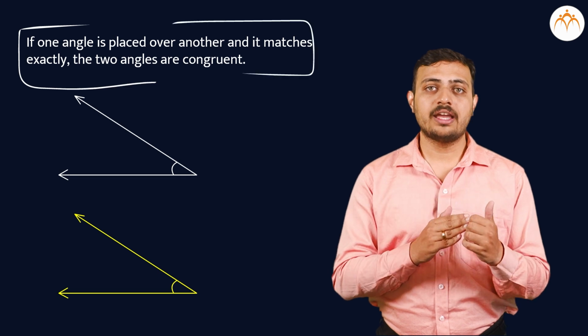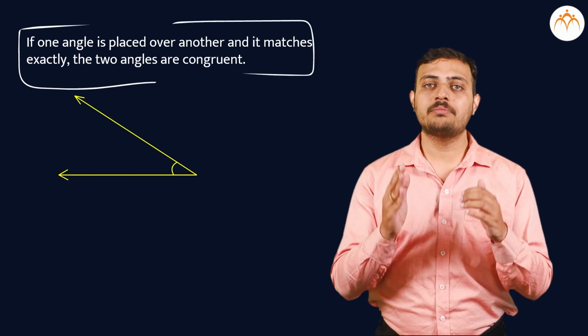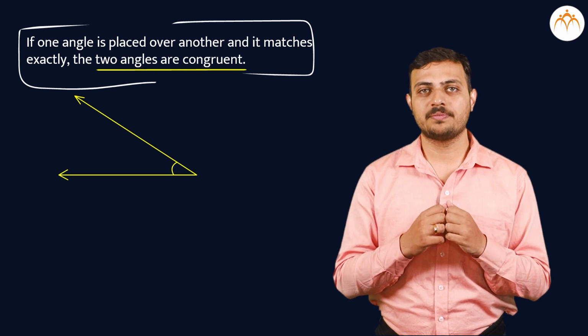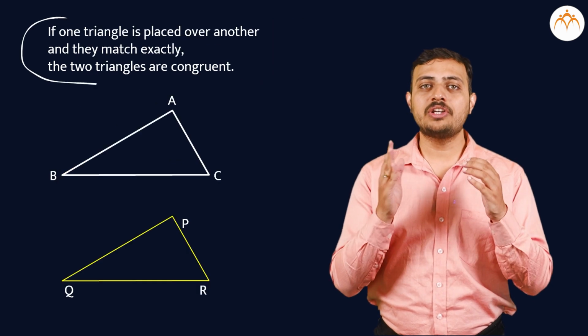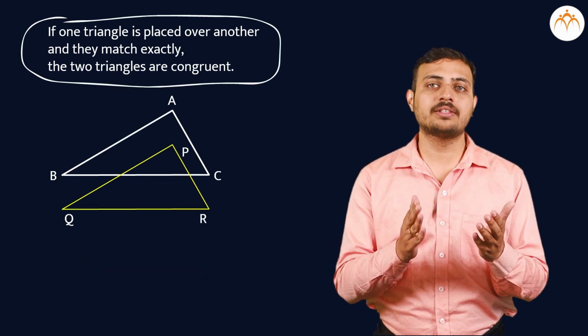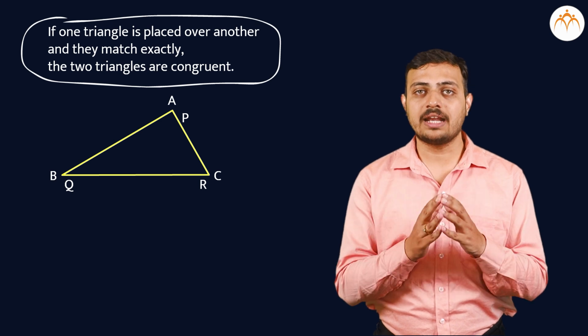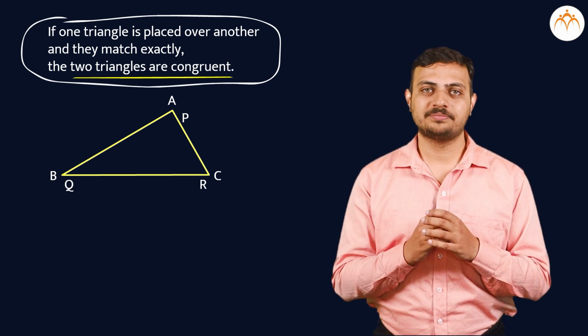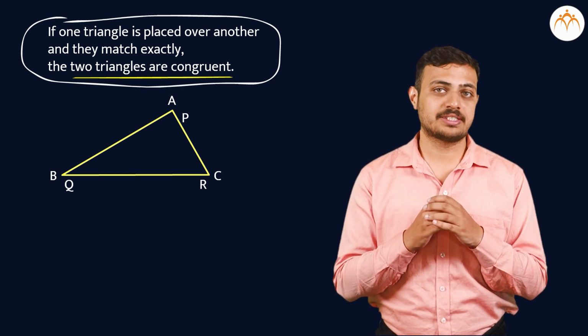If one angle is placed over another and it matches exactly, the two angles are congruent. In the same way, if one triangle is placed over another and they match exactly, the two triangles are said to be congruent. Now watch this.